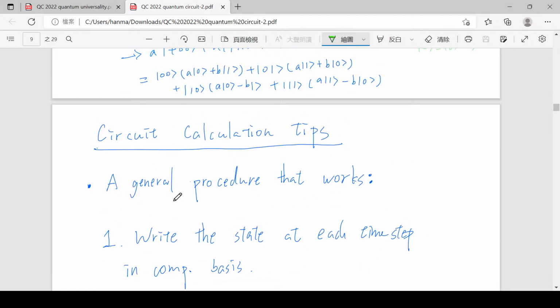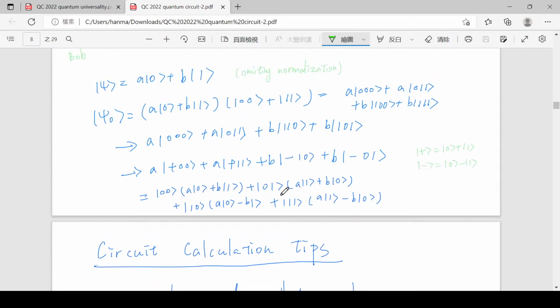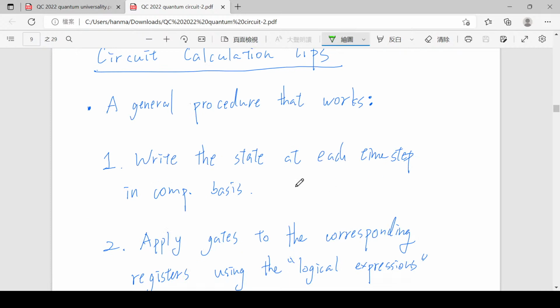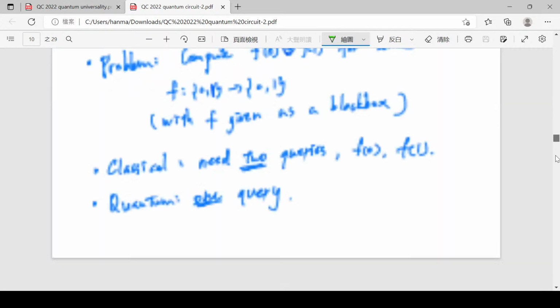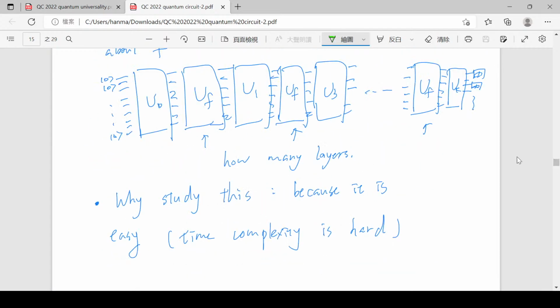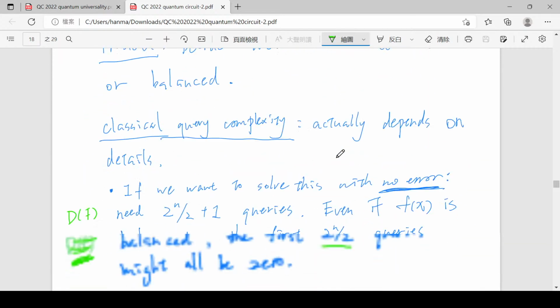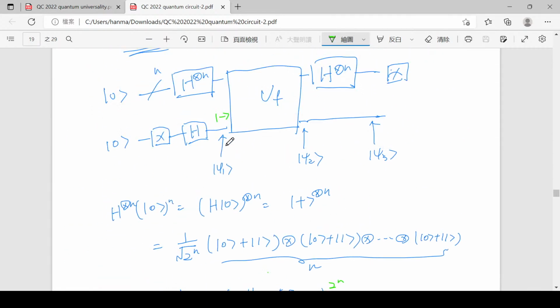The procedure that generally works, or how we do this, is we write down the state at each time step in the computational basis. This is also what we do when we analyze the algorithms, right? We look at some of those time slices.